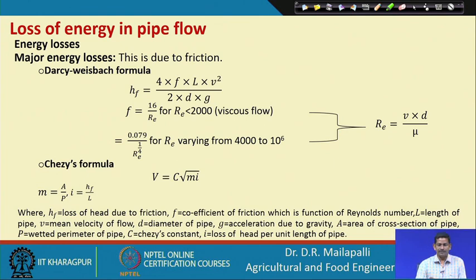Before even going to some problems, if you see the previous lecture on water measuring devices, you clearly see some head differences. That difference could be due to the friction loss or some other bends or obstructions.